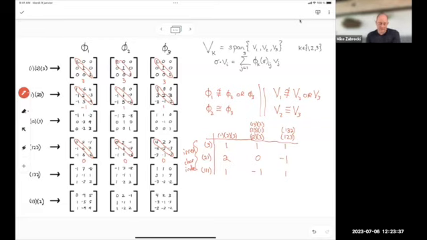And then the fact that our characters, so that the character chi of V, say V3, we said is 3, 1, 0.